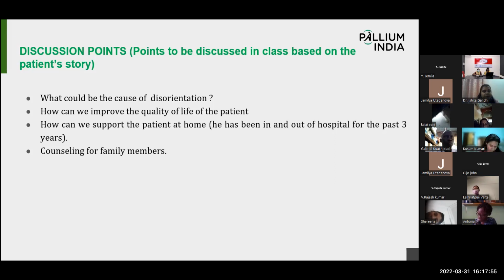So for a bedridden patient, nurses, we are a nursing group right now. So you will have a big list of how to take care of a bedridden patient, wouldn't you? You should know much more than I do. I should not be taking this discussion. I should be giving the answers and you should be correcting me.